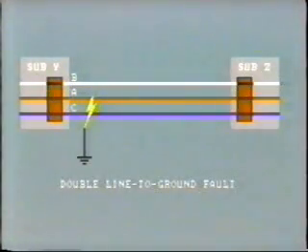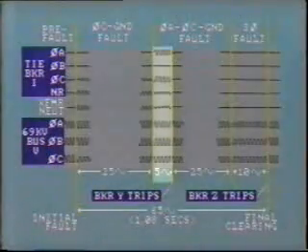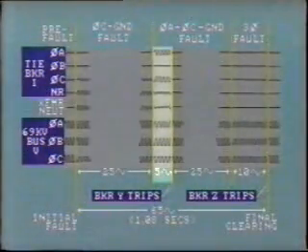At this point, the C phase conductor burns open, allowing the tree to fall onto A phase. However, the tree still maintains contact with C phase. Now, the nature of the fault has changed to a double line-to-ground fault. Over the next 5 cycles, you can see the effect of the 2-phase fault.